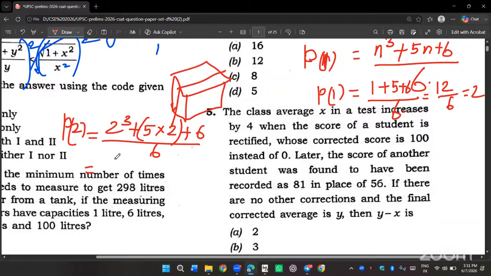So here 8 plus 10 plus 6, that is 24, divided by 6. It is equal to 4. So P of 2 means 2 cuts, either horizontally or vertically, I will get 4 identical pieces. 4 identical pieces.